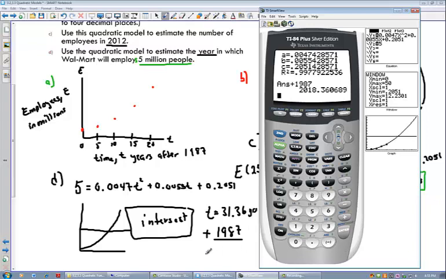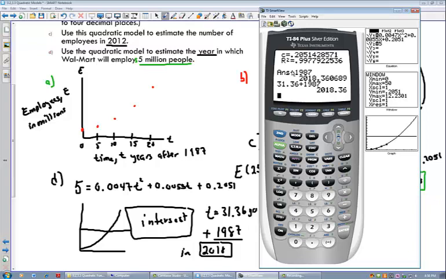So that's kind of neat. And so you actually get 2018. So in 2018. All right, so it's kind of a neat little thing. 31.36 plus 1987 is equal to about 2018. But if you just hit plus after you find the intersection, it stores that answer in there. So 2018, Walmart should reach 5 million employees.